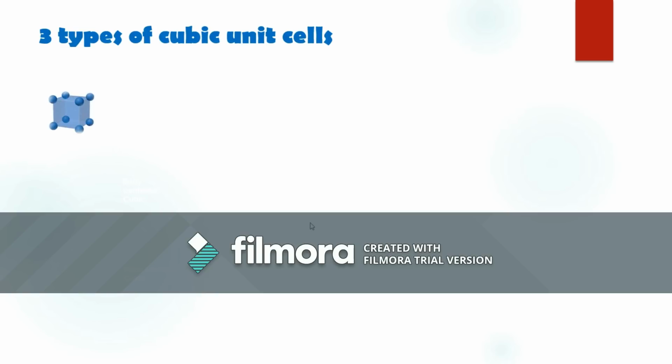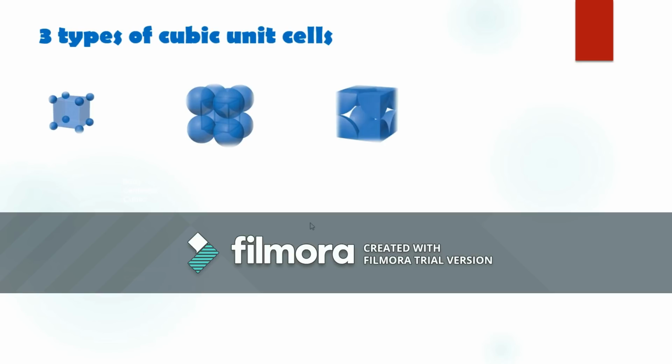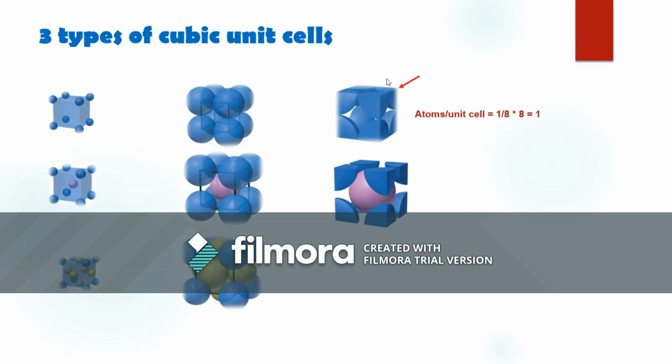There are three general types of unit cell. First is simple cubic, the second is face-centered cubic, and the last is body-centered cubic. You see here, at the edge of the unit cell is an atom, a lattice point.